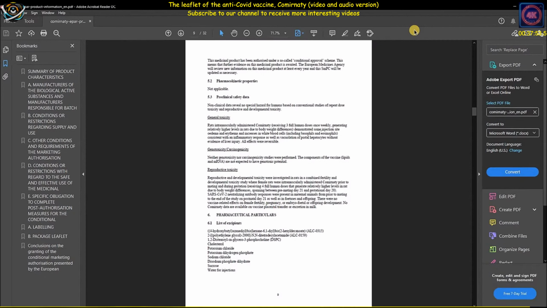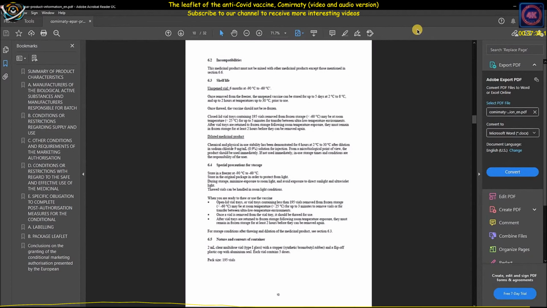Cholesterol. Potassium chloride. Potassium dihydrogen phosphate. Sodium chloride. Disodium phosphate dihydrate. Sucrose. Water for injections.